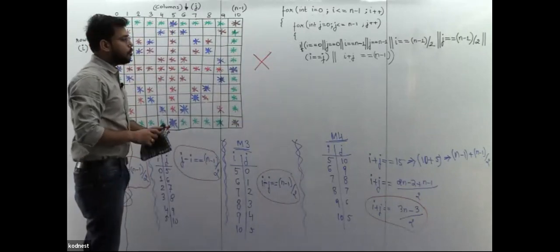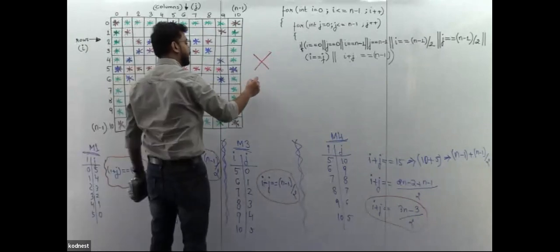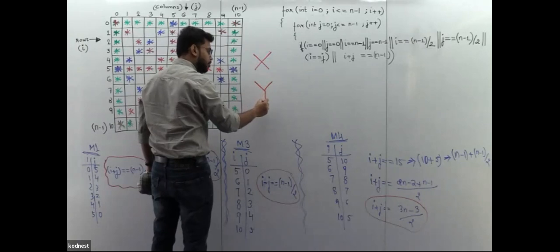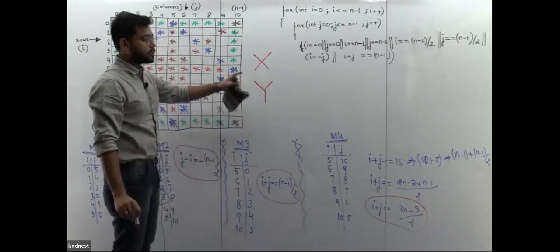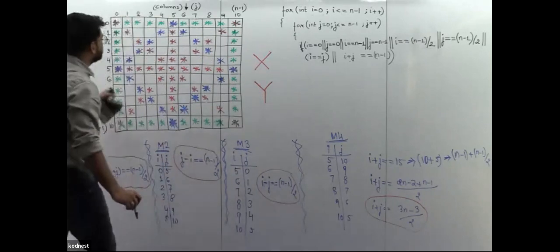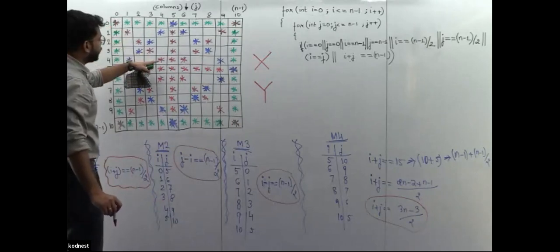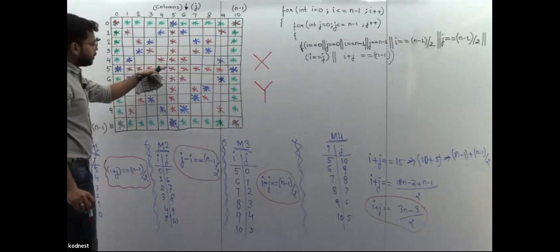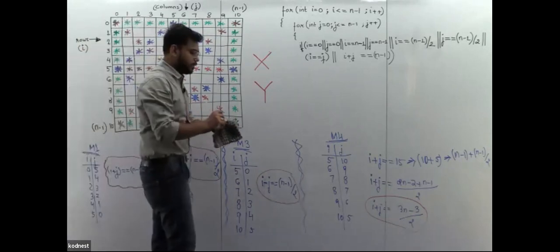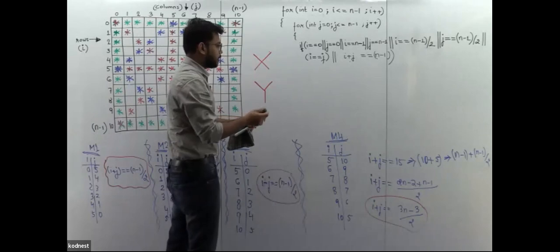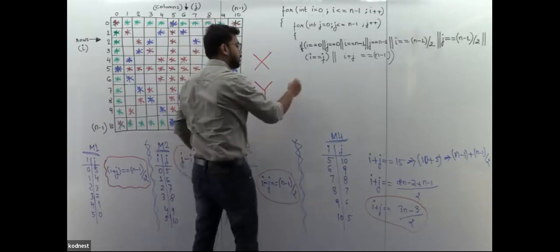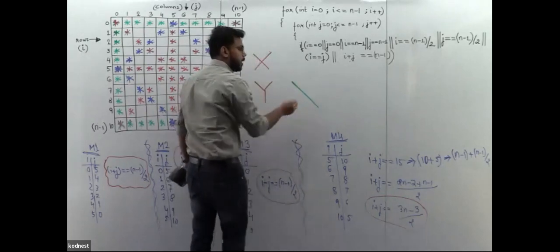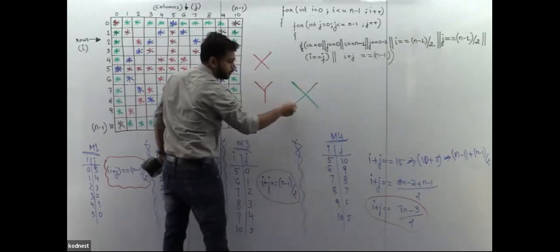For example, I will tell you why. Actually speaking, how you will be getting it? See here, this condition, and this condition is Y, means I will print the pattern like this. One condition I will tell here, another condition I will tell here.